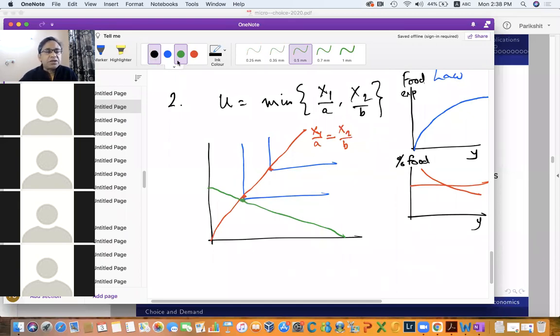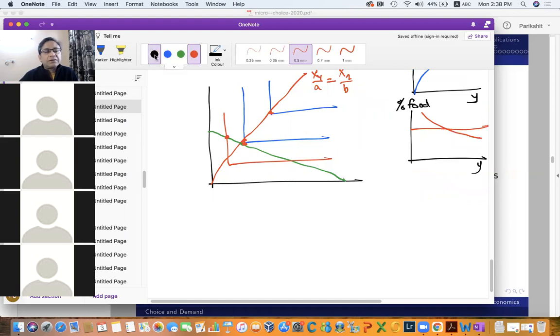You choose any other point which is not on a corner or kink, that's not optimal. So if you chose this as a consumer, you can always move here and that'll take you to a higher indifference curve.